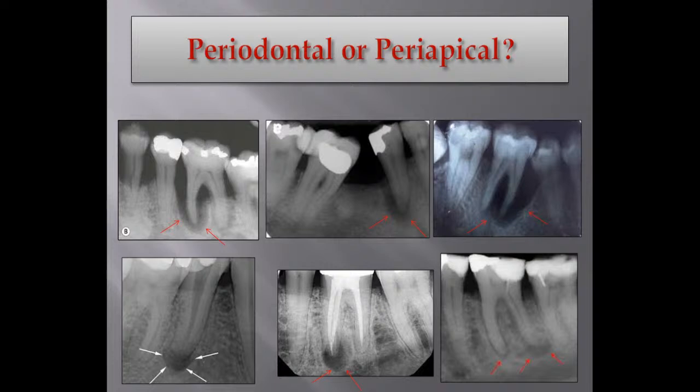You can see the root, and around the root a thin space of shadow. In this part we can see bone loss, or a reduced level of the alveolar bone. This picture shows us a periodontal abscess, because all of the periodontium, all the ligaments, is damaged.